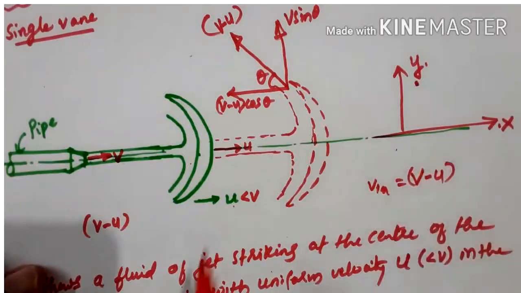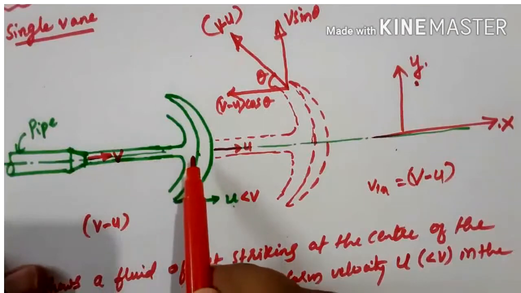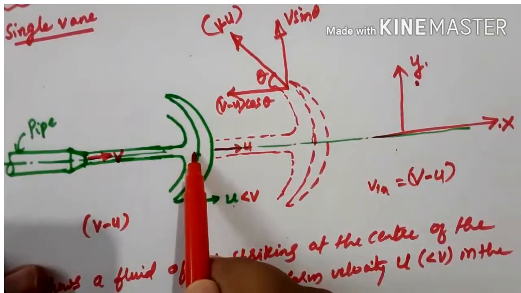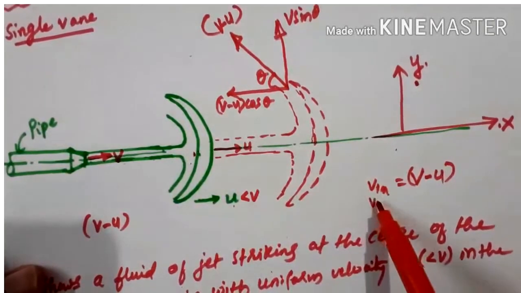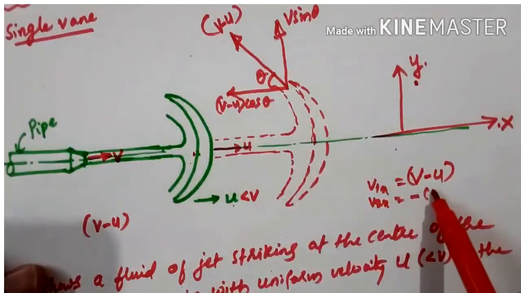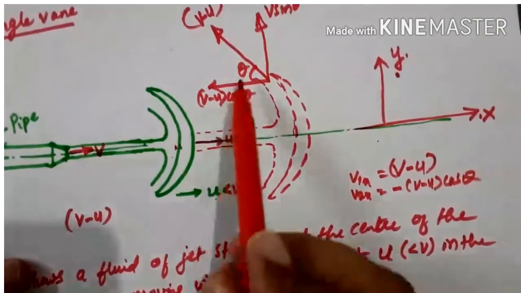With this velocity it is striking. When it strikes, it becomes v minus u, that is a relative velocity. With relative velocity it is striking. Then v2x is minus v minus u cos theta. We'll get this one.